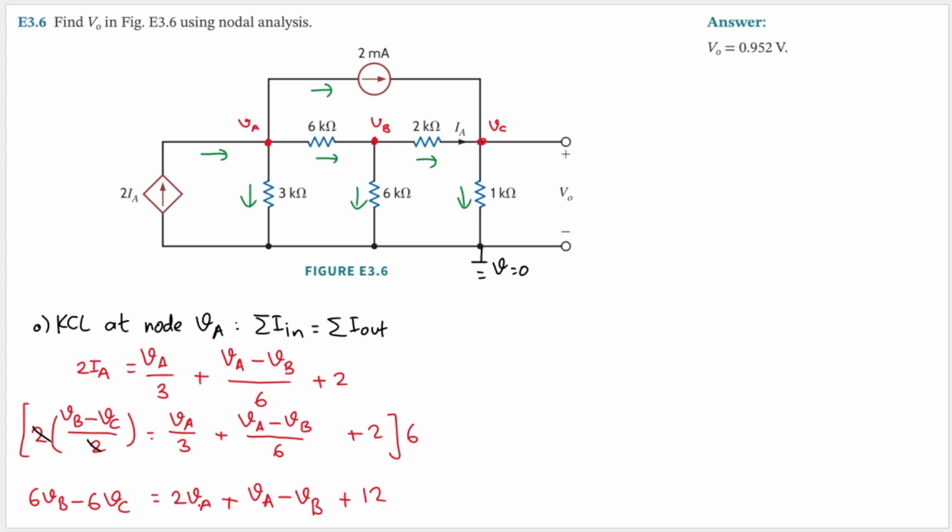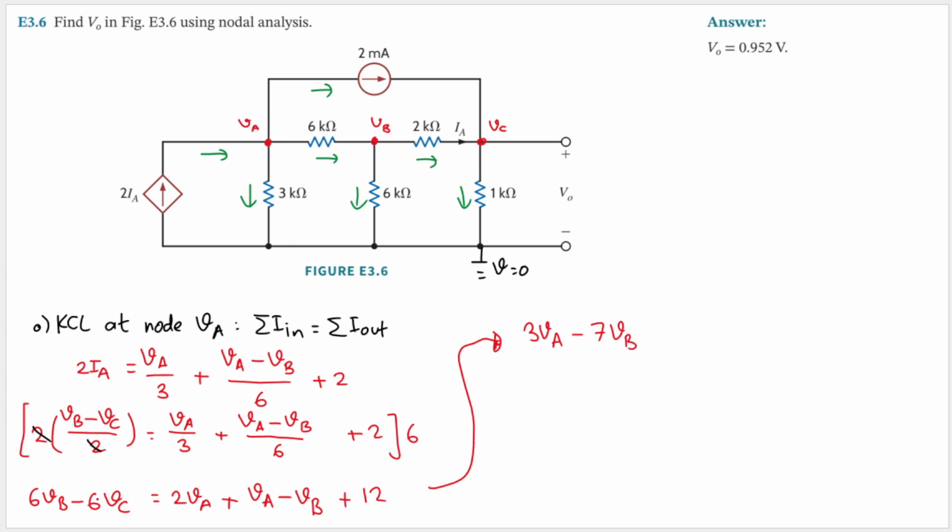Now what can we do from here? We will have 3VA, and then minus 1 and minus 6 becomes minus 7VB.